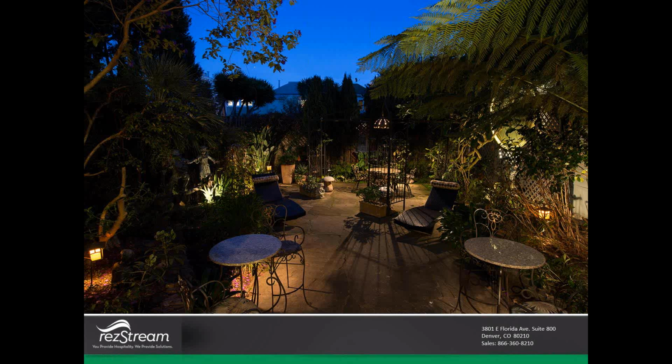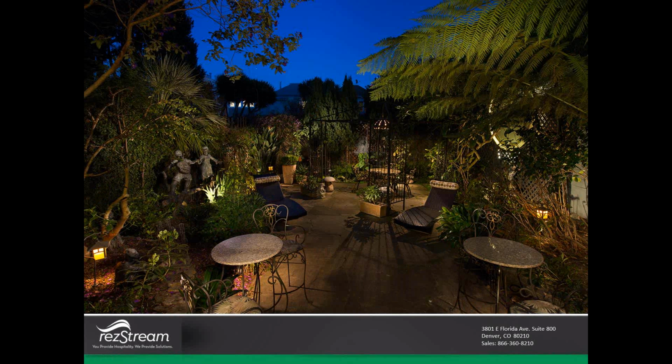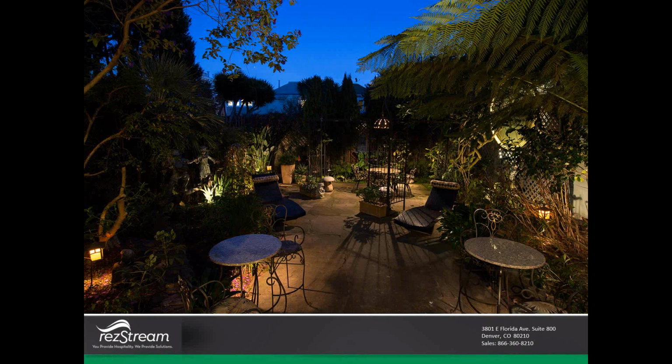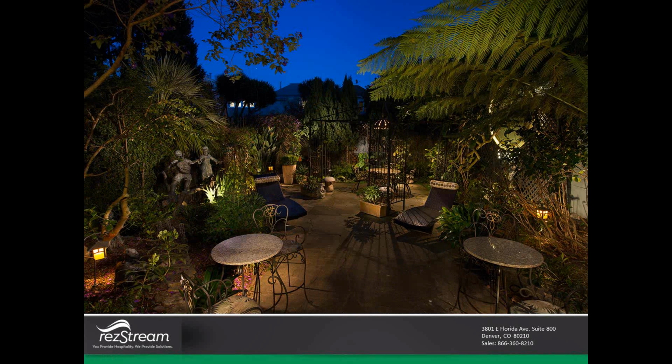So I was able to use some lighting to really enhance the bushes, the trees, the foliage, and it really helps draw your eye through the photograph and look at the entire space rather than just looking at the highlights and where the light's hitting right away. So this will definitely help draw your eye through the entire image.